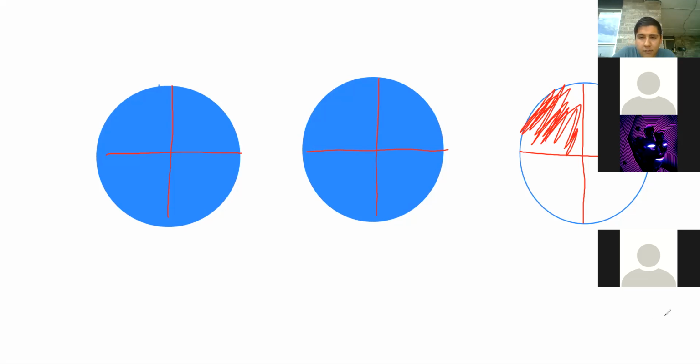Two and 1/4, right? We have 2 wholes, and then the fraction would be 1/4. So 2 and 1/4. That's how we would express that.